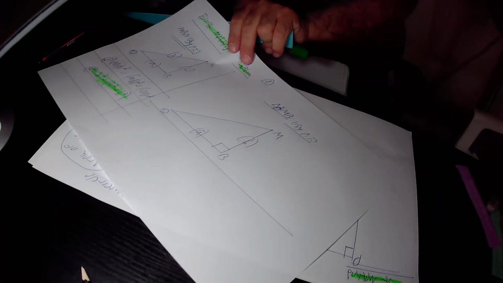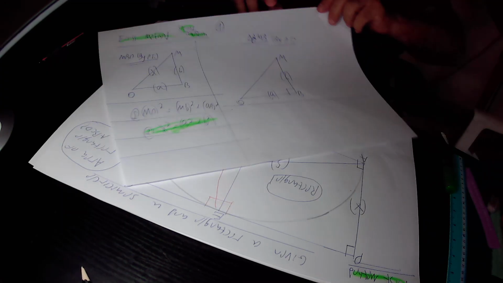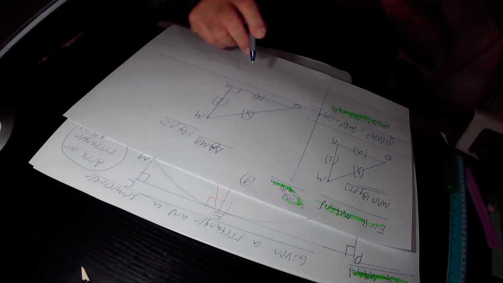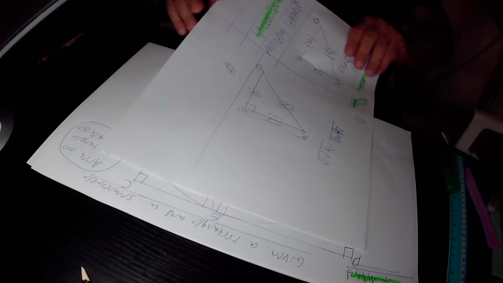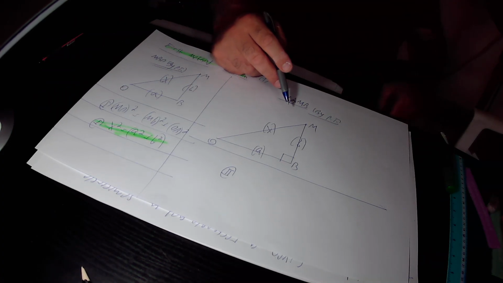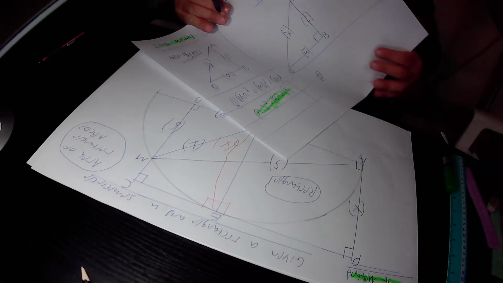So this is the right triangle OMB that I got from the original drawing. According to the Pythagoras theorem, in this right triangle OMB, OM squared, that is the square of the hypotenuse, equals MB squared plus OB squared. This will be equation 2.